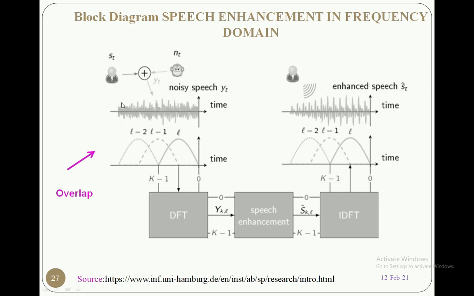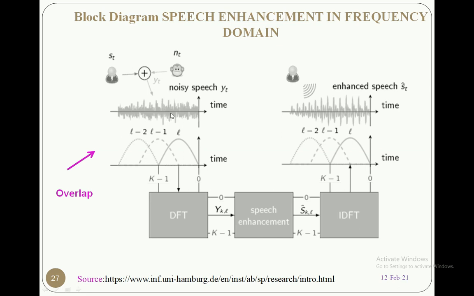Now how to process this noisy speech, and what are the basic steps involved in processing this noisy speech in frequency domain? First of all, this noisy speech is going to be split, that is framed, into short segments having 0 to K minus 1 samples. Let us consider that the first short segment.